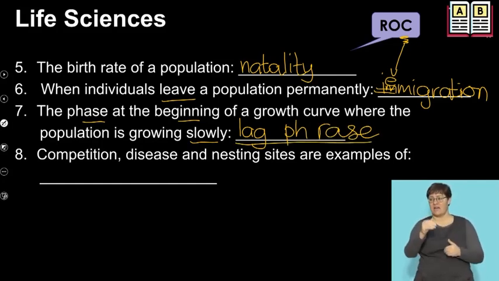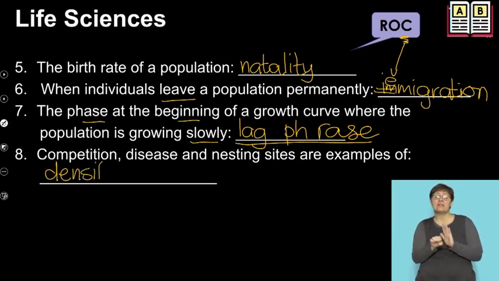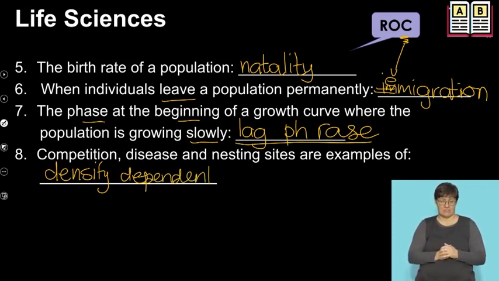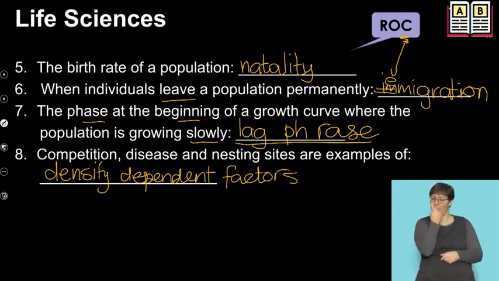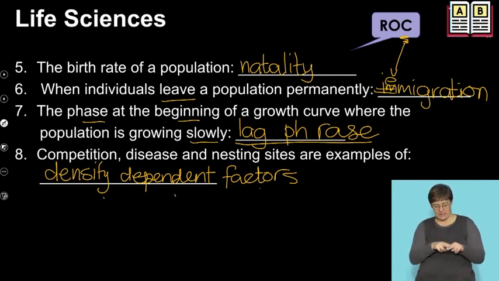Competition, disease, and nesting sites are examples of, and here we've got a long term, density dependent factors. So here we've got three words making up our term, and we check it, density dependent factors. We're happy with that.